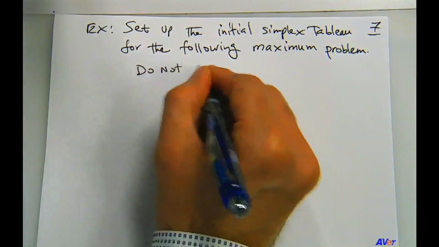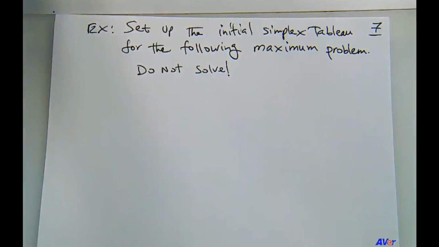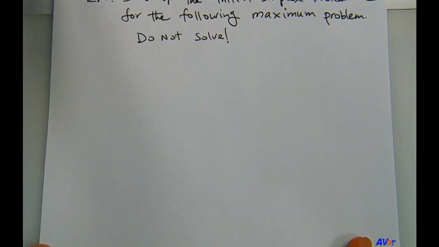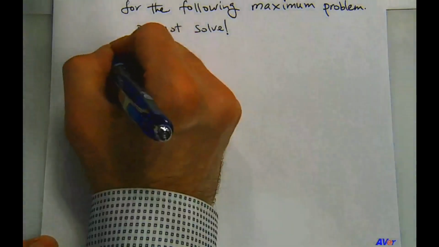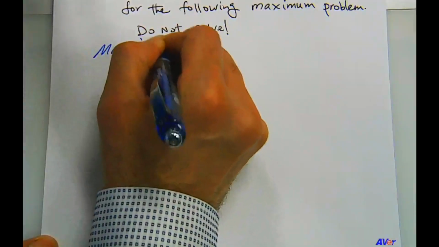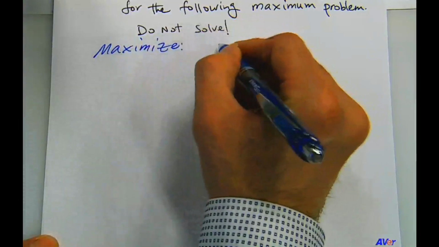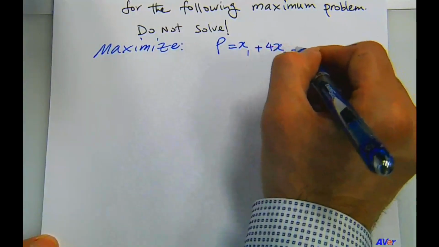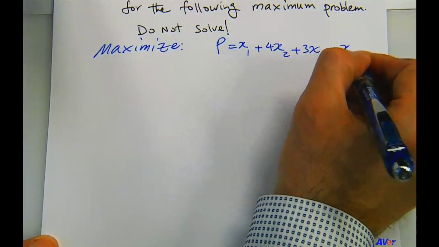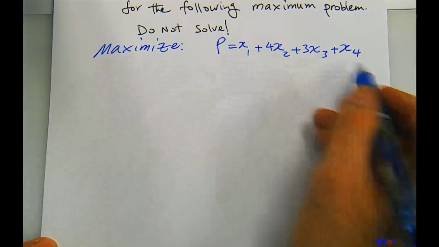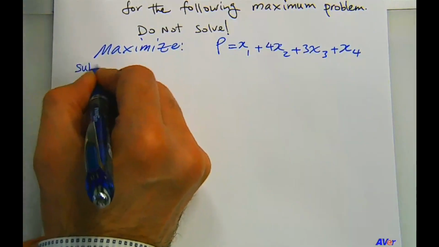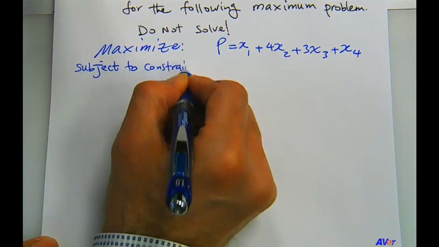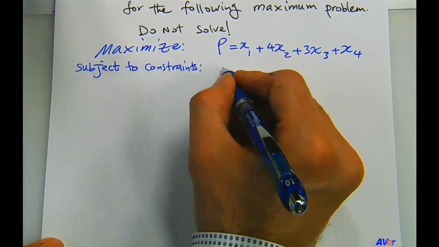And let me quickly add that we do not wish to solve this. Okay, so here's the maximum problem. We want to maximize this objective function subject to these constraints.